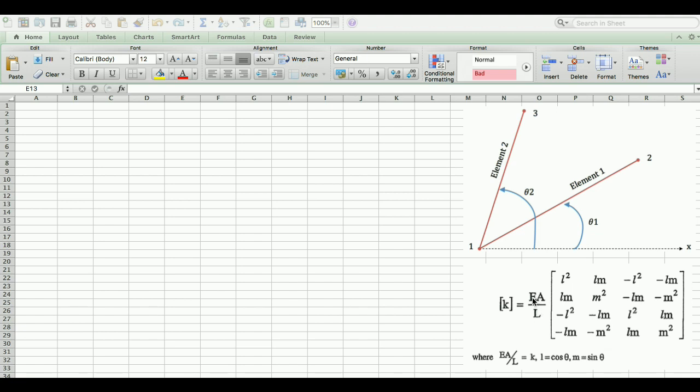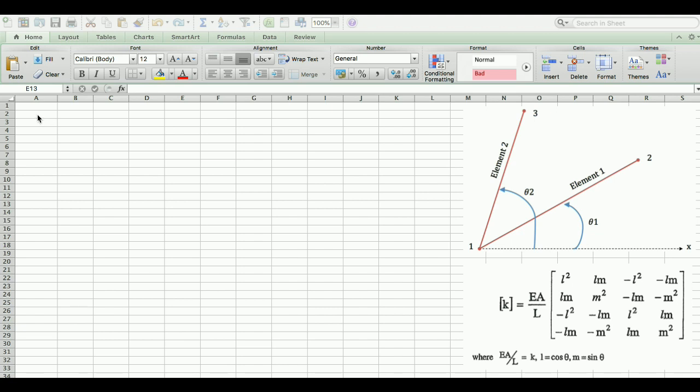We have element factors such as Young's modulus E, cross-section area A, and L, which is the length of the element. Then we have lowercase l and m, which are cos theta and sine theta respectively.